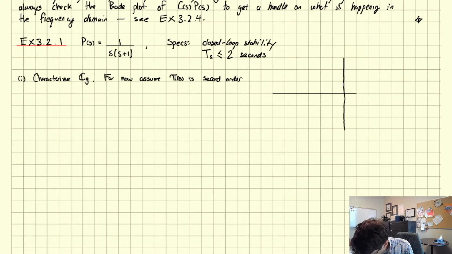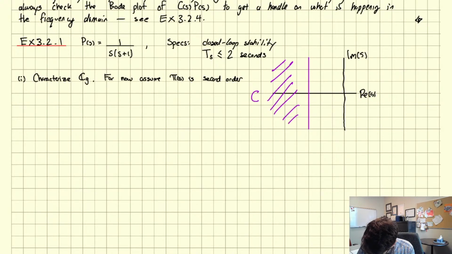And so our good region in this case is going to look like so. There's our good region, and this distance is 4 over T_s max, the maximum allowable settling time, which in this case equals 2. Okay, that's the spec above.